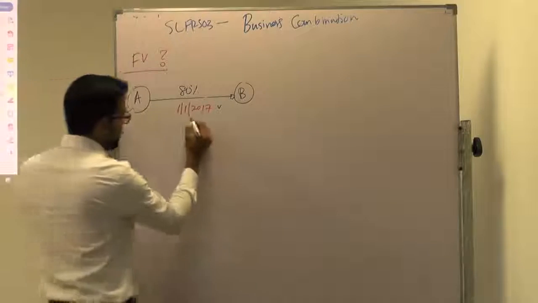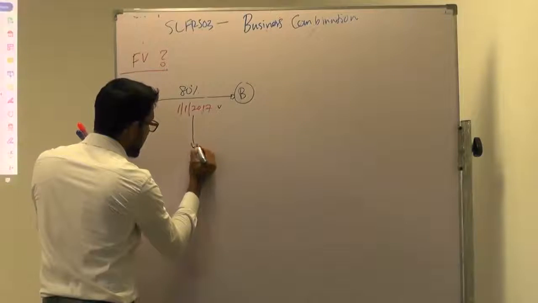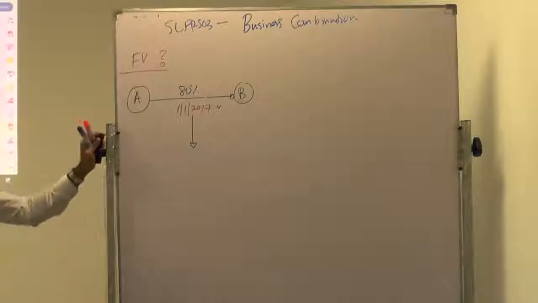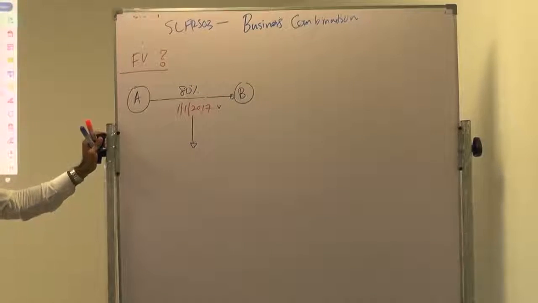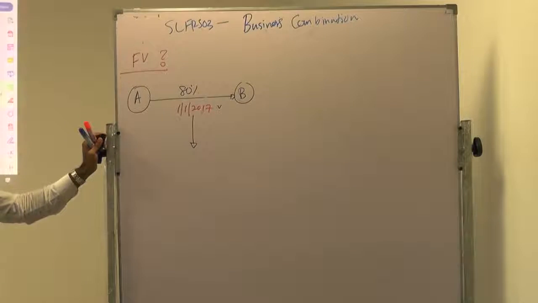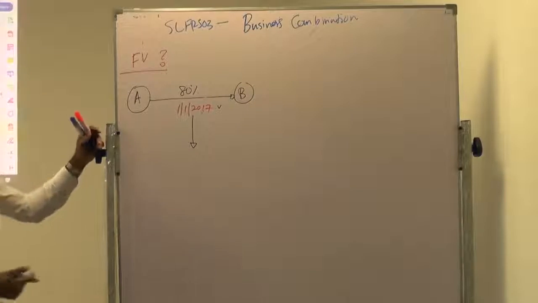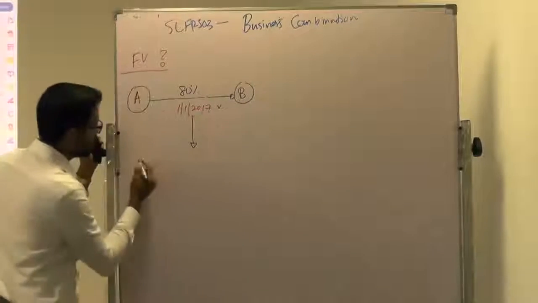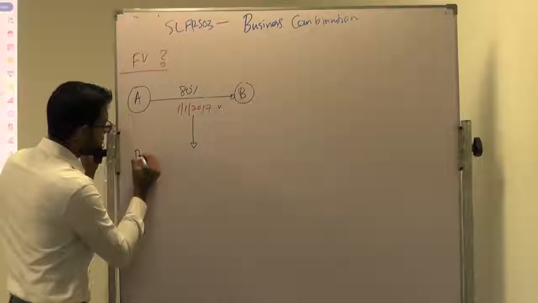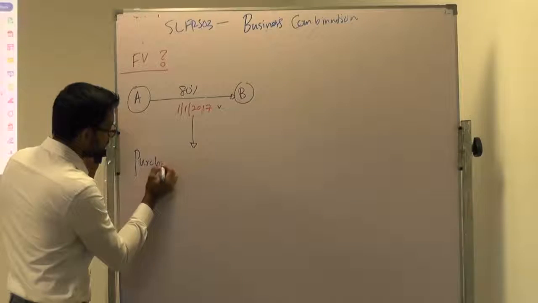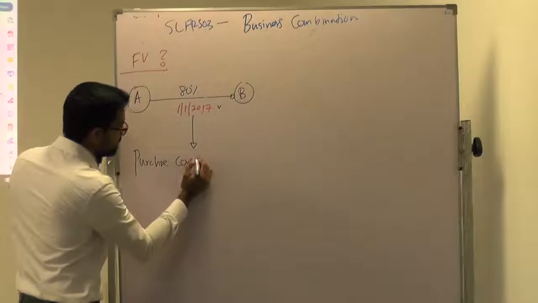On this date you have to make a payment. When you acquire B, to acquire assets and assume liabilities, you have to pay some consideration. We call it the purchase consideration.